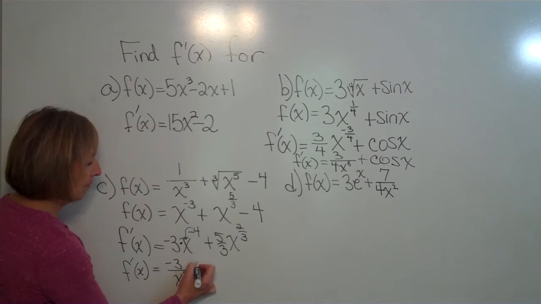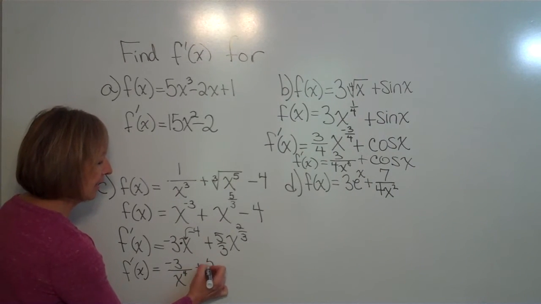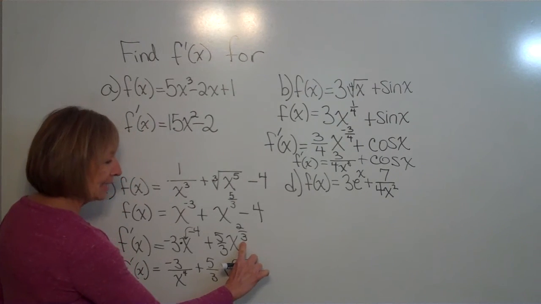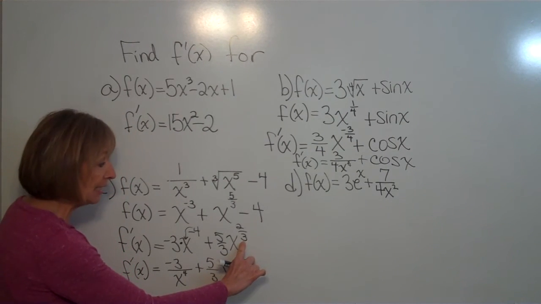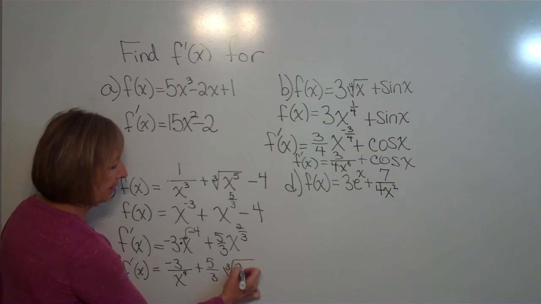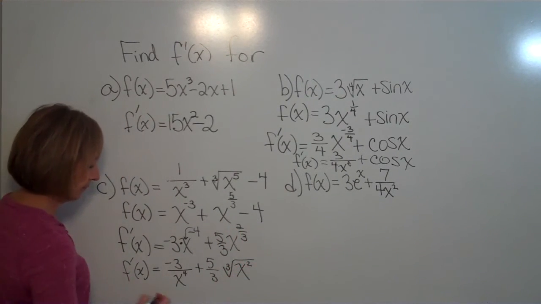And then plus, and I can write this next term as 5/3 times the denominator of the fractional exponents, your index, so that's cube root, and the numerator is the power on the x, so x squared.